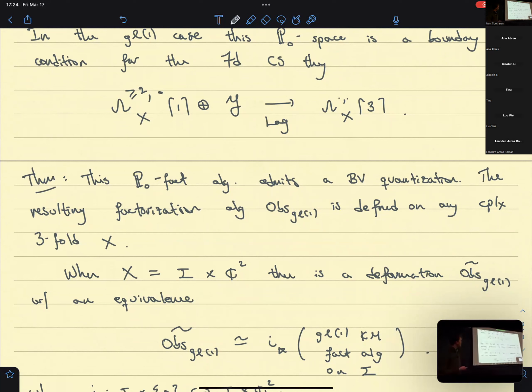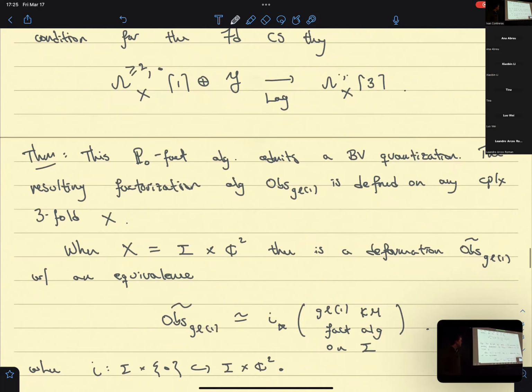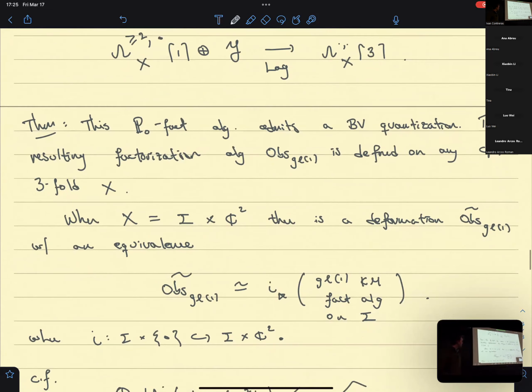And taking into account locality on spacetime, Costello and Gwilliam show that any such field theory gives rise to a factorization algebra. At the classical level, what we have is a P0 factorization algebra, and I can quantize this factorization algebra to get a new factorization algebra. So maybe I'll just leave my result like that: the quantization of this P0 factorization algebra exists.